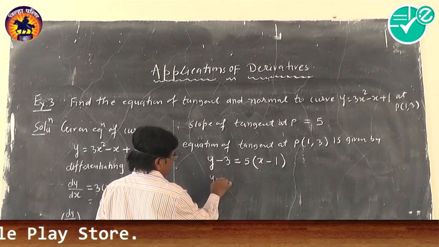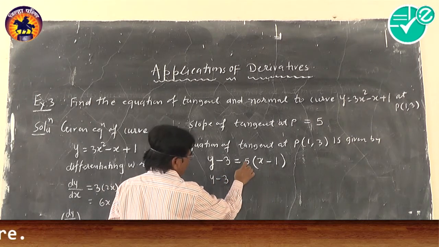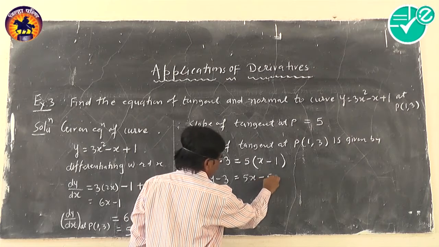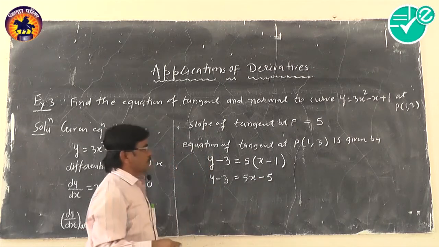Therefore, y minus 3 is equal to 5x minus 5.